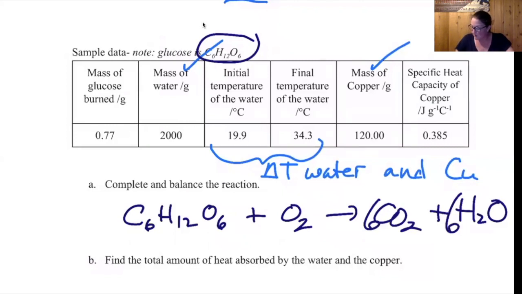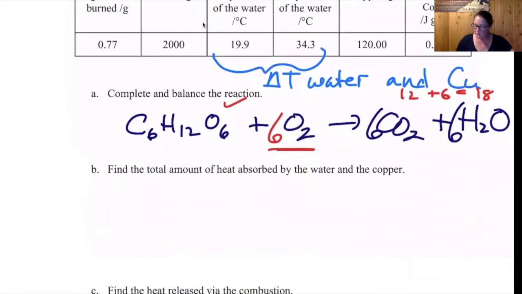Now if I add up all of the oxygens on the right, I have 12 plus another 6 for a total of 18. I did not balance this right. For a total of 18, but I already have 6 here, so I only need to get 12 from that. So I'll use a 6, and then I'll balance the oxygens.